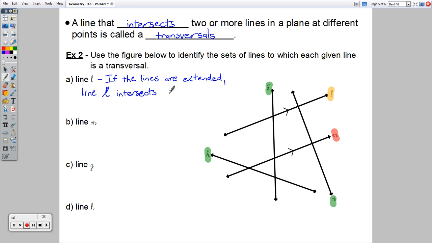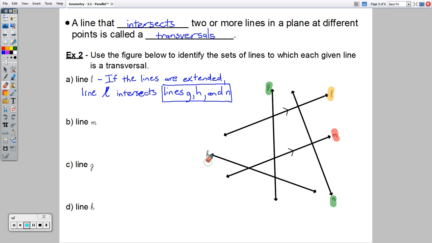So it intersects lines, and we got those in green here, G, H, and N. Lines, plural, there we go. Lines G, H, and N.